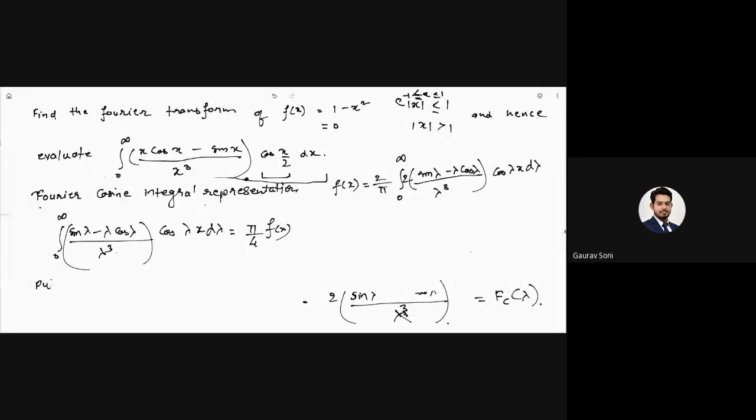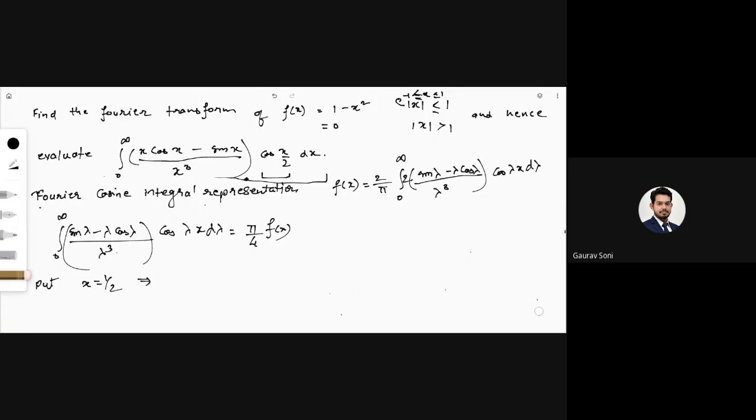So put x is equal to 1 by 2. So what do we get here is integral 0 to infinity (sin lambda minus lambda cos lambda) by lambda cube.